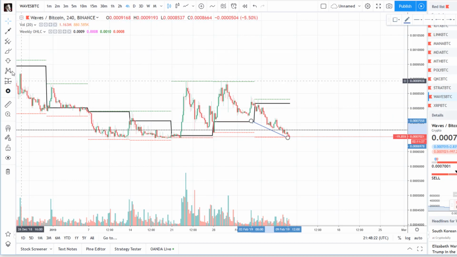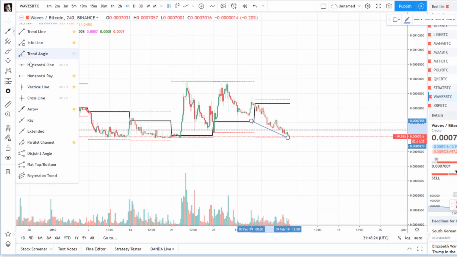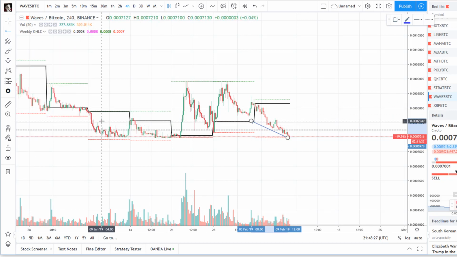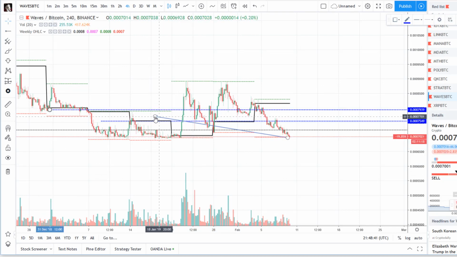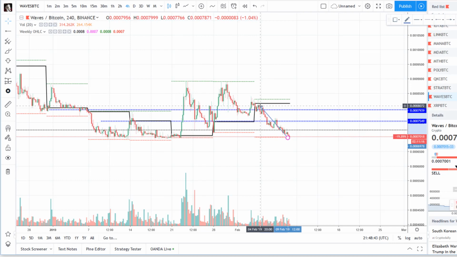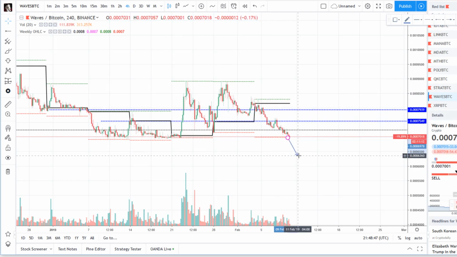So this level right here, if we use a horizontal ray, those weekly opens. The next one we'd be looking at is this weekly high and this weekly open, which is real close to this weekly open as well. So this whole range here we'd be watching as well. And that's real close to where it really started another decline, another wave down.